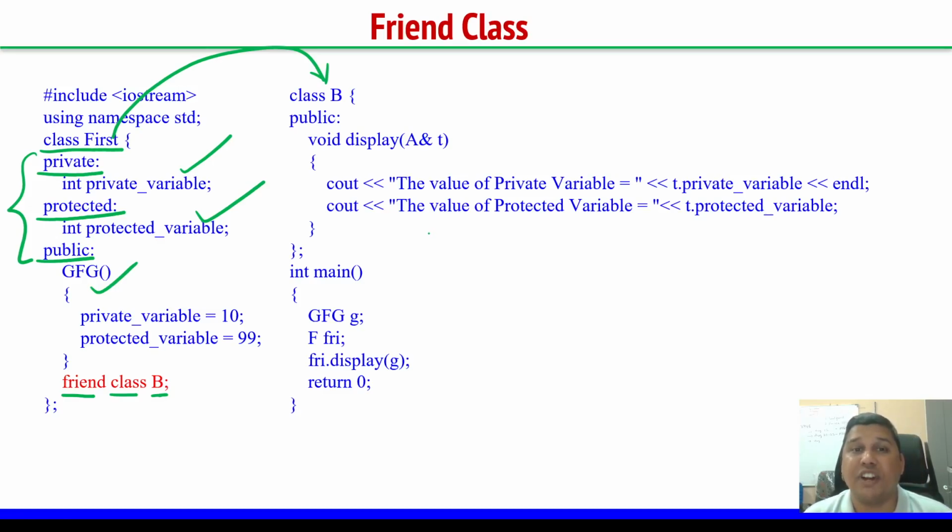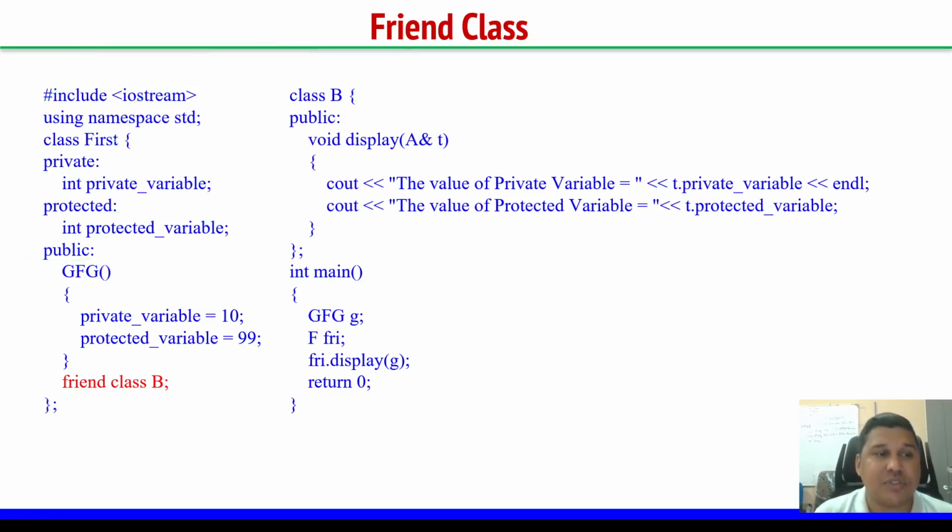These two are friend classes. They are not derived. Understand the difference. This is not parent, this is not child. Parent-child is different, friends is different. Here, class first and class B are friends.